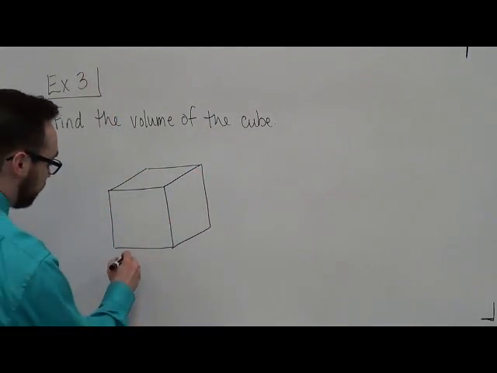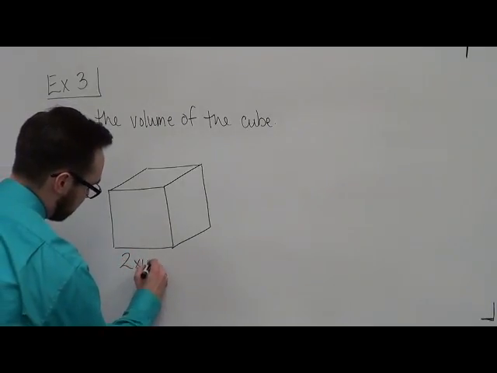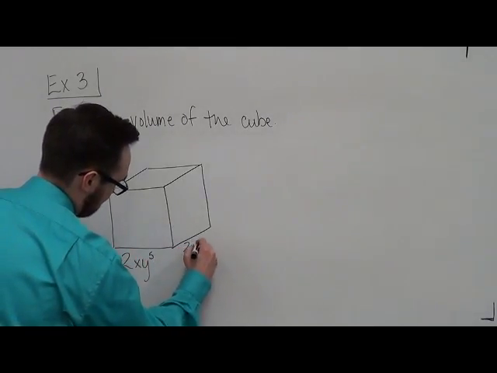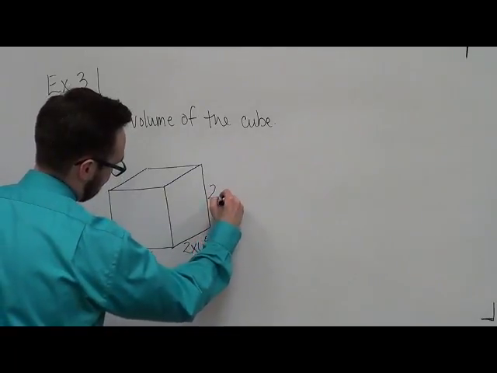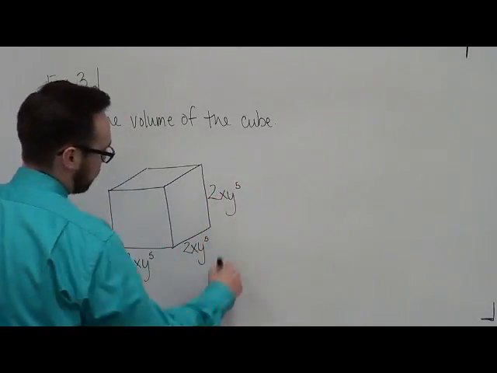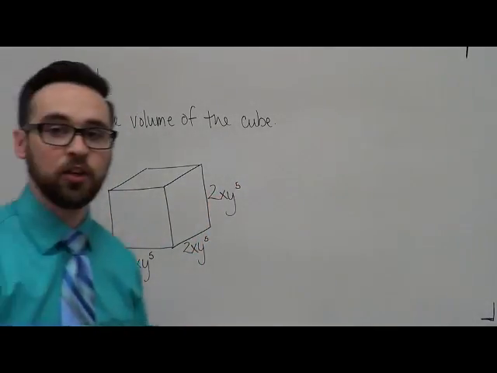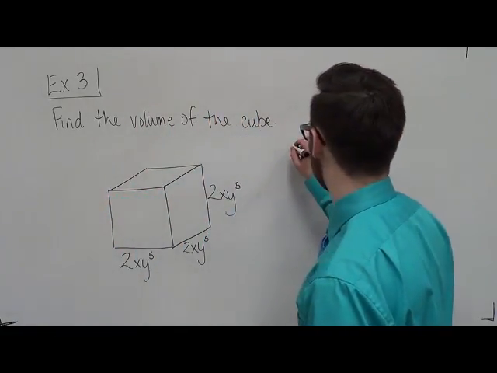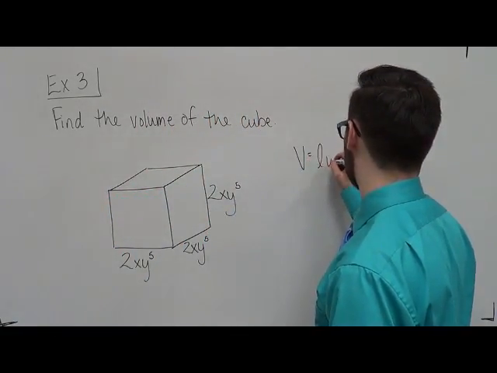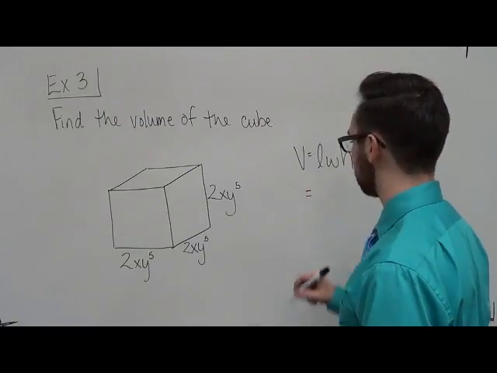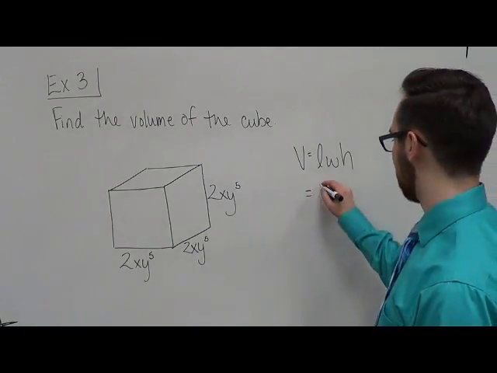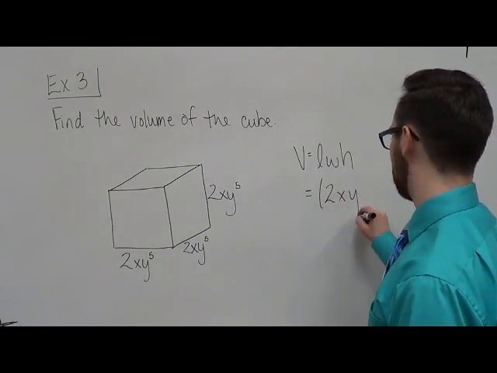and again, since it's a cube, all the sides are the same, right? What's the volume formula for a cube? Remember, volume for a cube is length times width times height. What's my length? My length is 2xy to the 5th.